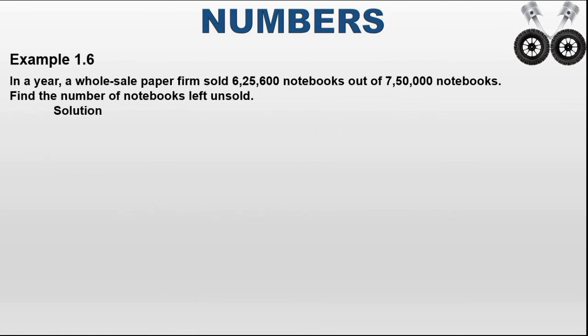So next, example 1.6. In a year, a wholesale paper firm sold 6,25,600 notebooks out of 7,50,000 notebooks. Find the number of notebooks left unsold. What is the question given here? The total number of notebooks is 7,50,000.